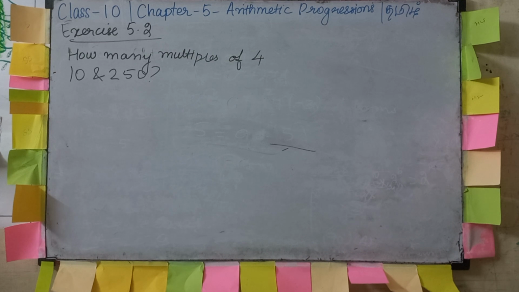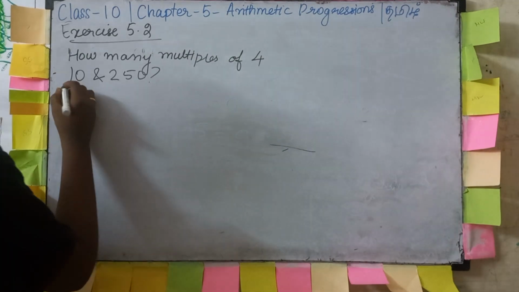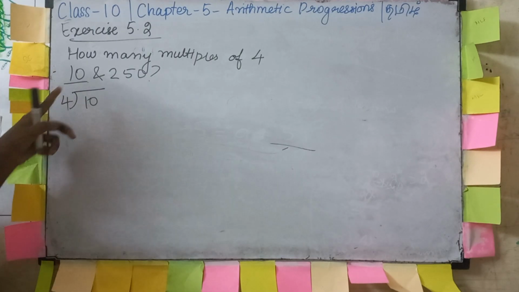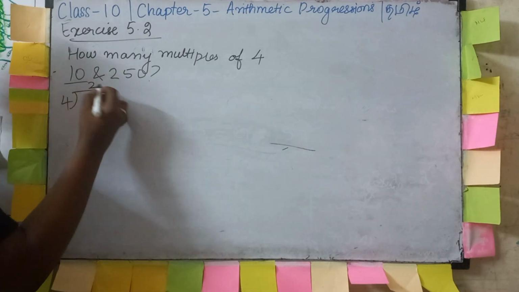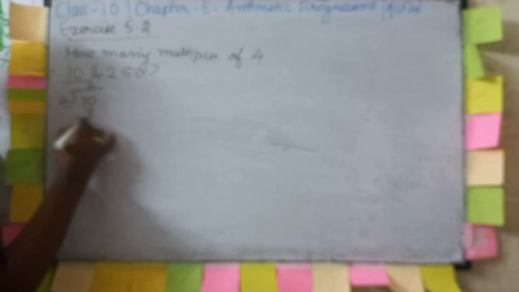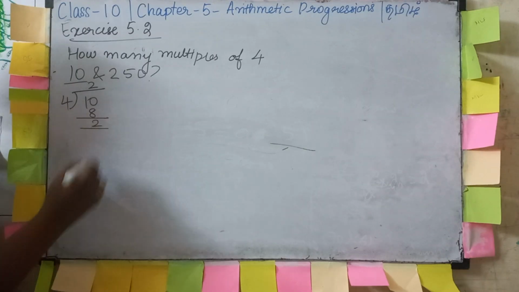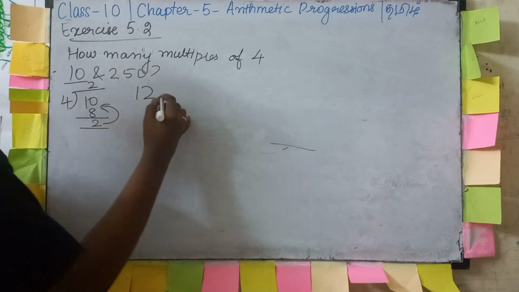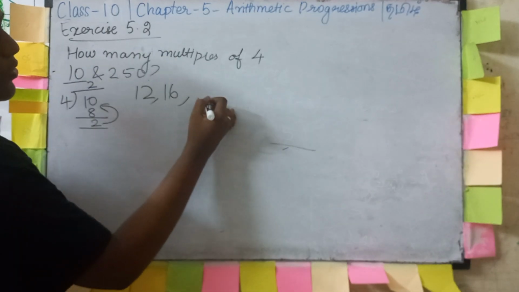See, now 10 is the given first number. So divide 10 by 4. 4 2s are 8. 10 minus 8, 2. Now what you do, add this 2 with the given number, that is 12. So 12 is the first term, okay? 12, 16 and it goes on.